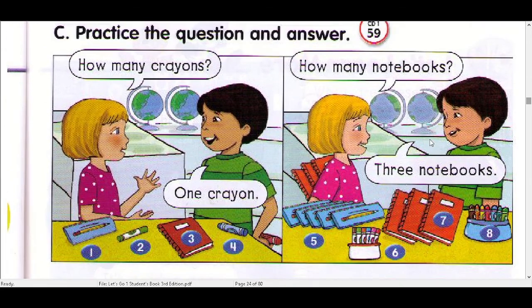How many markers? 1 marker. How many notebooks? 1 notebook. How many pencil cases? 1 pencil case. How many crayons? 7 crayons. How many notebooks? 3 notebooks.